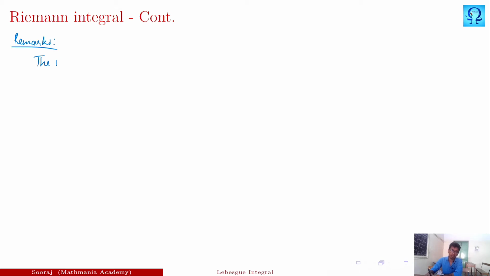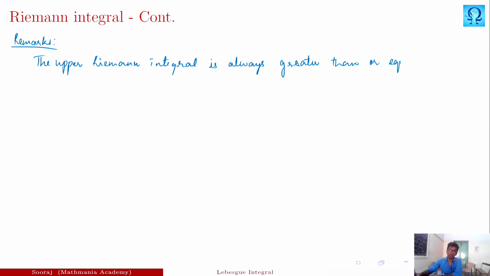By integral, what we mean is that it is basically an operation. After performing the operation, we have a value. The upper Riemann integral value is always greater than or equal to the value of the lower Riemann integral.